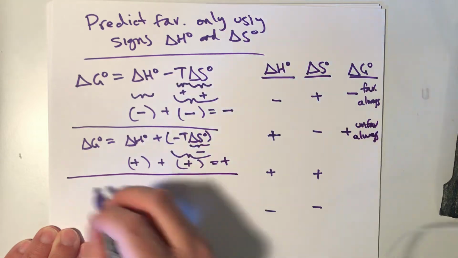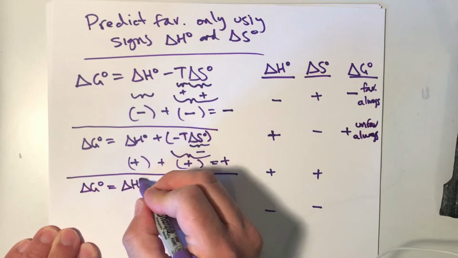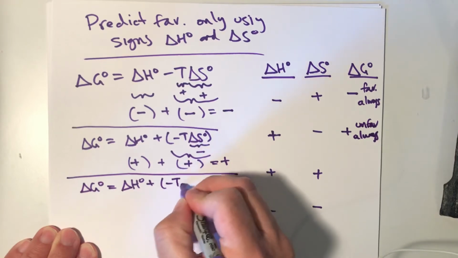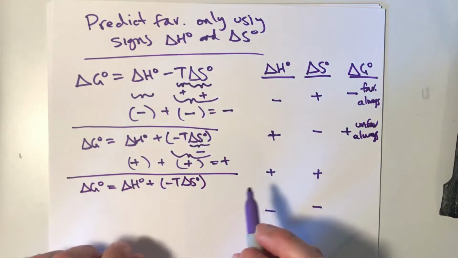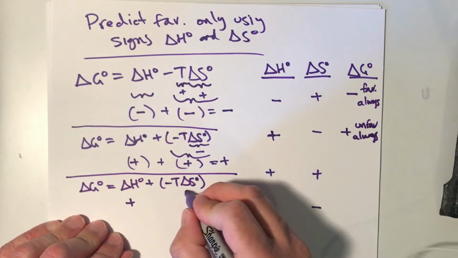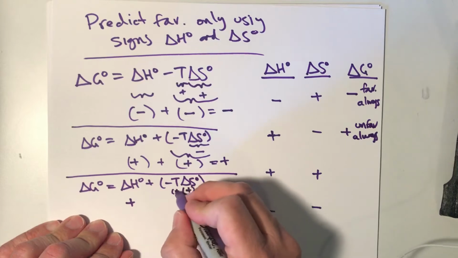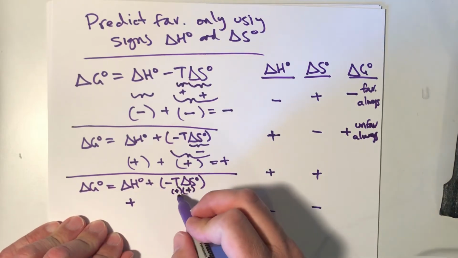What about our third combination? I'm going to stick with my slightly rewritten version of the equation from here. If we have a positive delta H and a positive delta S, that's times a positive temperature.